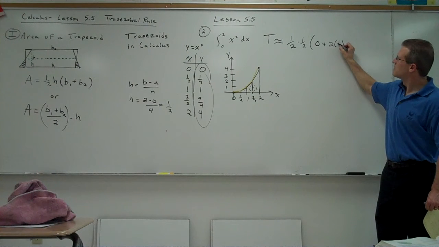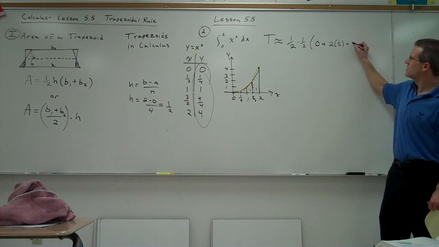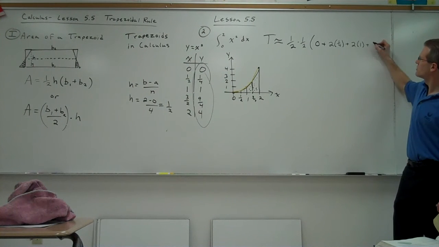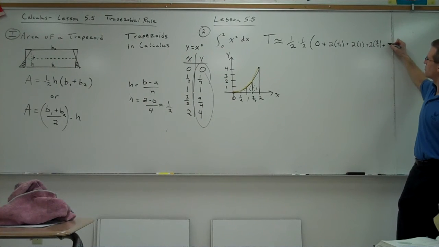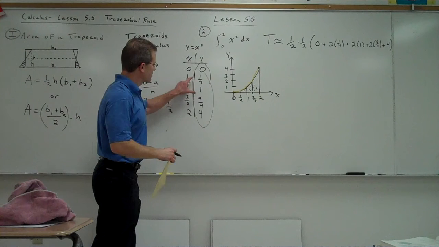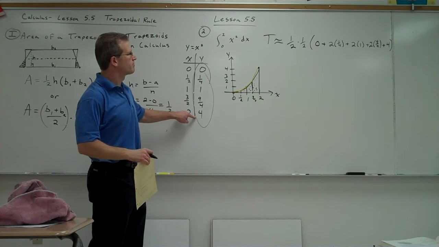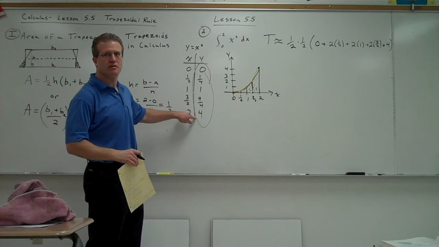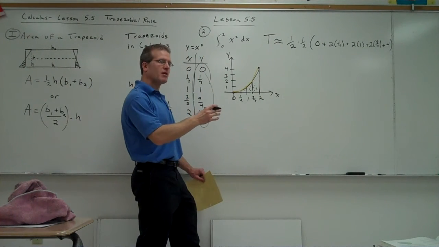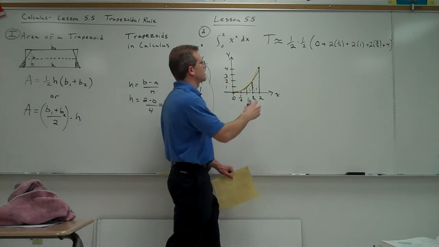Plus 2 times 1, that's your third y coordinate. Plus 2 times 9/4. Plus your last y coordinate of 4. So you multiply every y coordinate by 2 except for the first one and the last one. Any questions about that? Hopefully you see the reasoning about why we do that from the last example I gave you.